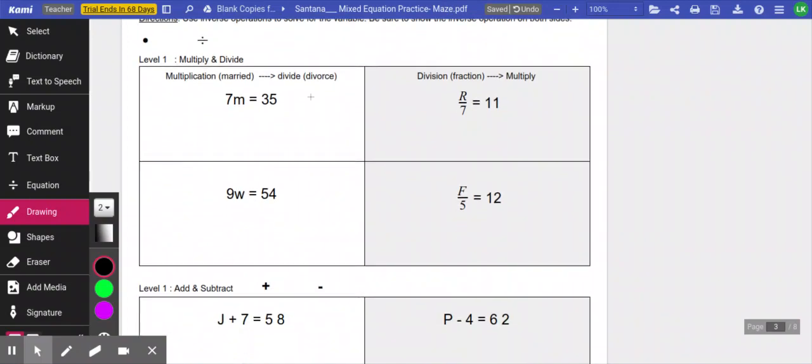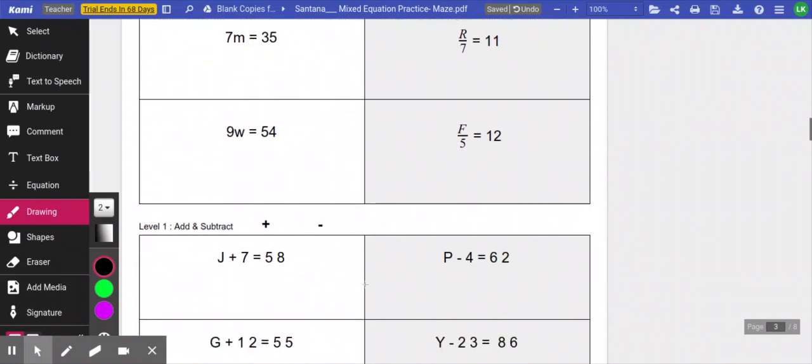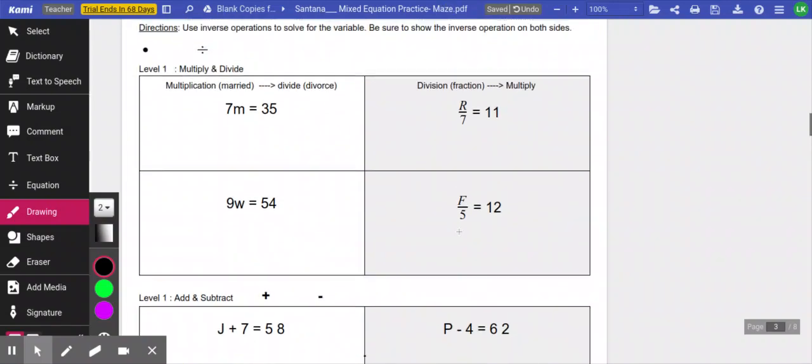So notice this section here. It has all 4 operations: add, subtract, multiply, and divide. So you want to make sure you remember how to set these up. So remember that equals 1, 1m, and on the other side here, 5.